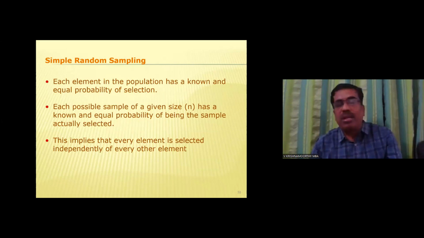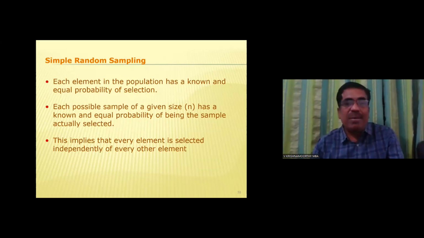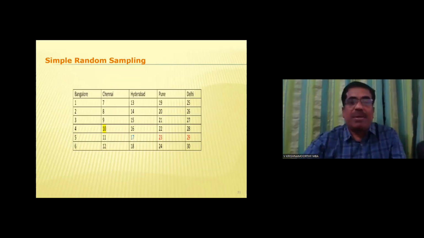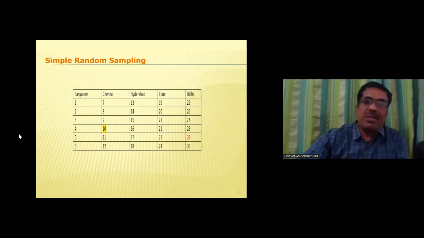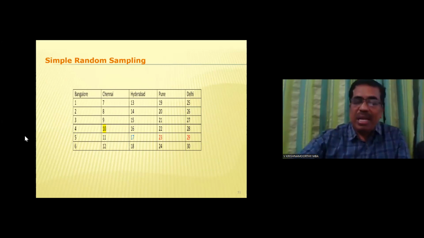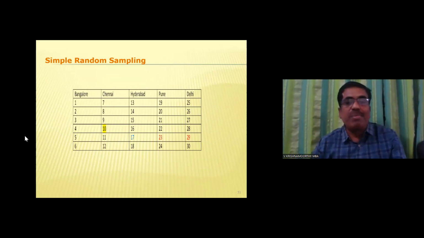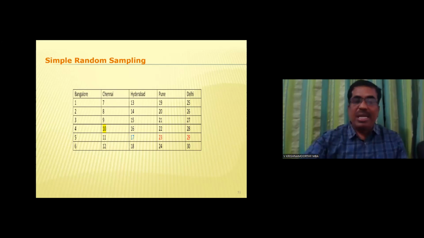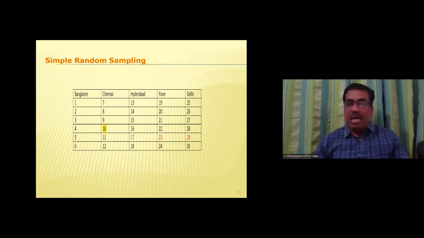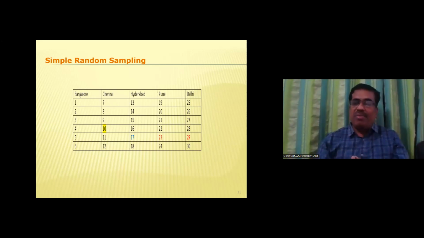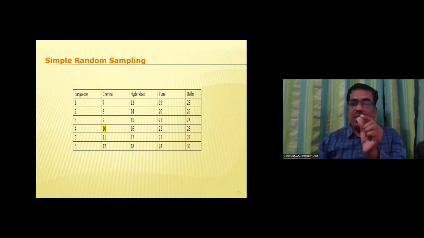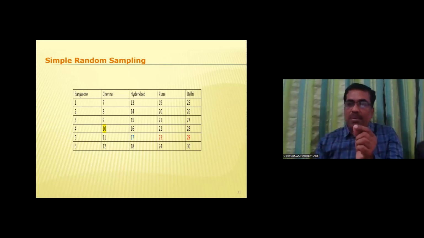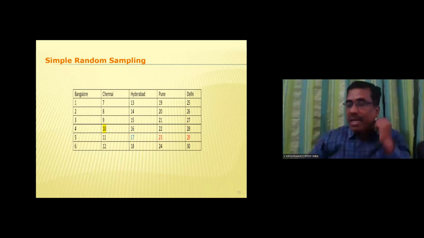Now, I would like to discuss random sampling. In random sampling, we can use different methods. The first one is simple random sampling. What is simple random sampling? In simple random sampling, I can write all the students' names on small pieces of paper and shuffle them again and again.